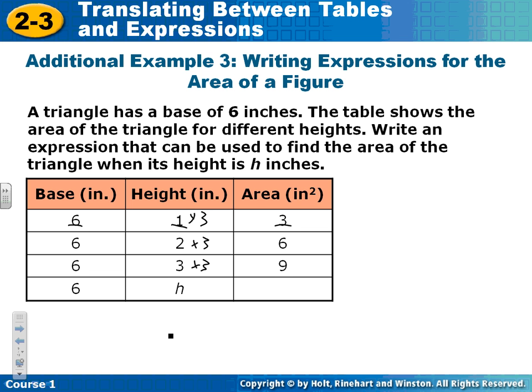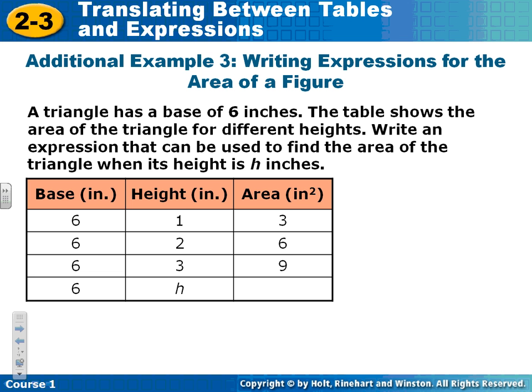But don't we have to use the base? Shouldn't we? We have to use the base in our expression, because we're trying to figure out the area of a triangle.